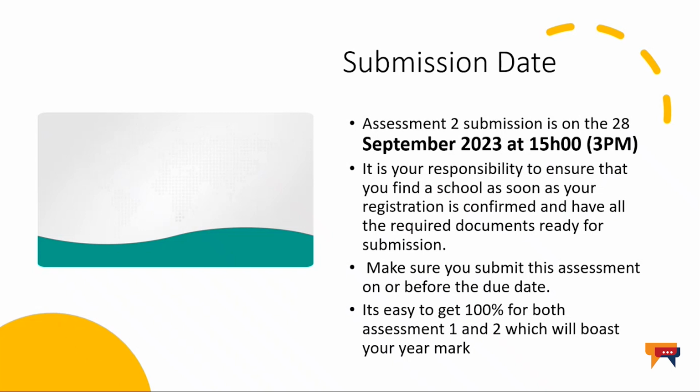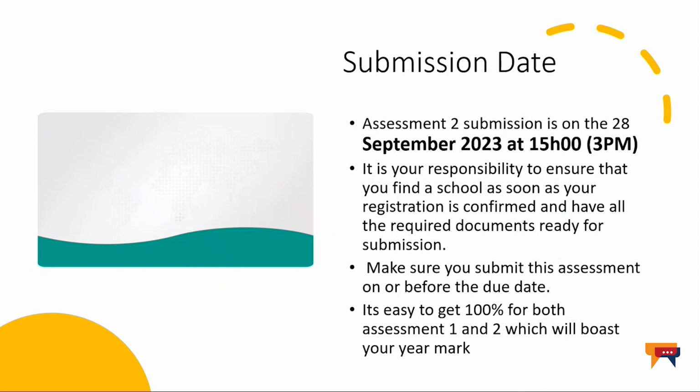Submission due dates are included on the assessment shells for each assessment. In other words, assessment 2 will have the submission date, but just to repeat, it is on the 28th of September at 15 hours, 3 o'clock. Don't write to me that we know the due days to be 12 o'clock, midnight. Things have changed.